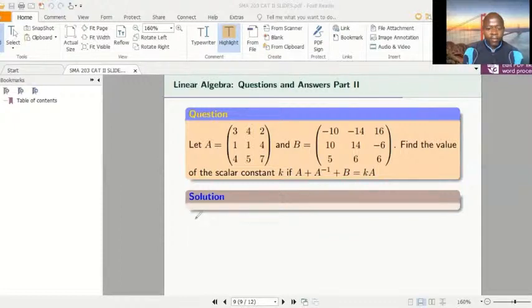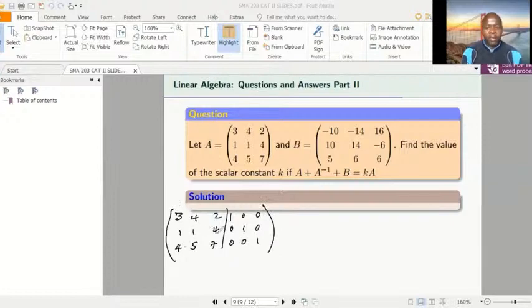What that says is that if I have this matrix, 1, 1, 4 and 4, 5, 7, then I can write here the identity matrix of a 3 by 3 matrix, and I do some elementary row operations on this.